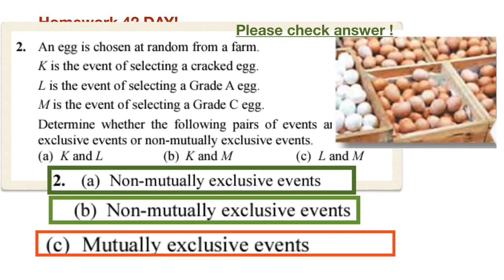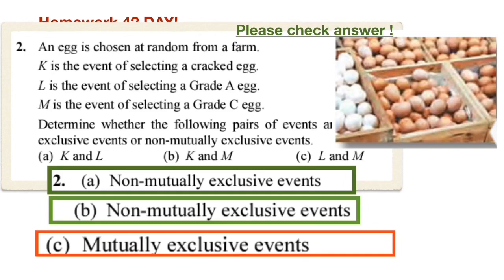Let's see the answer. So for case K and L, grade A is L, K is a cracked egg. So sometimes when we choose an egg, even though it's grade A, you also can have the possibility that the egg is cracked, right?